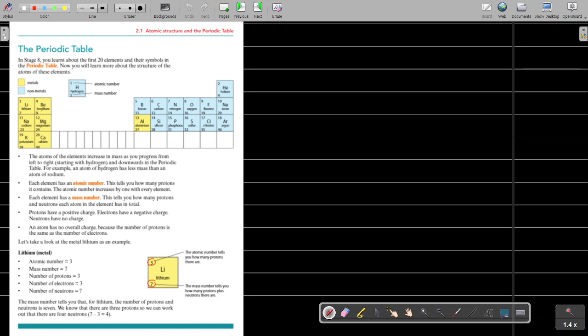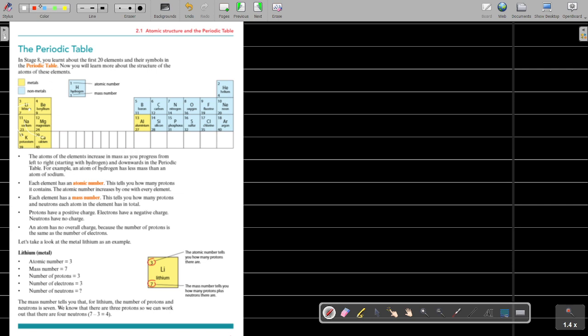Now, you will learn more about the structure of the atoms of these elements. Here these yellow are metals, these blue are non-metals. So, come let's move.